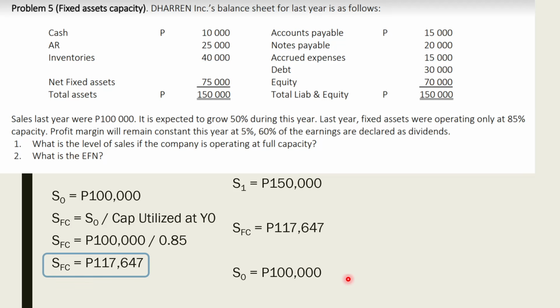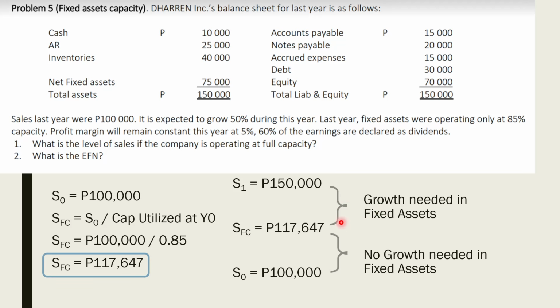So from 100K to 117,647, take note that your fixed assets need not grow. No growth needed in fixed assets. We are still within the capacity of the fixed assets. From 117,647 up to 150,000, however, do we need to grow our fixed assets? Remember, at full capacity, we need to grow our fixed assets. If we still have excess capacity that's sufficient, no need to grow our fixed assets.